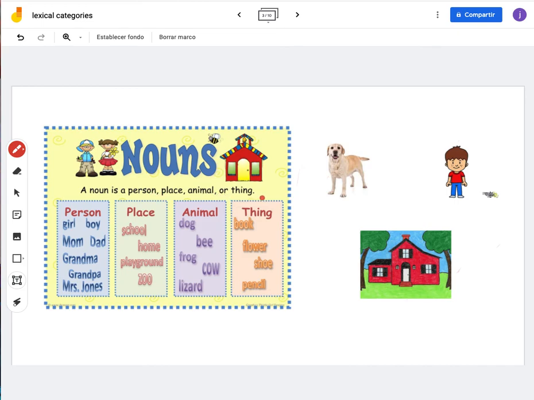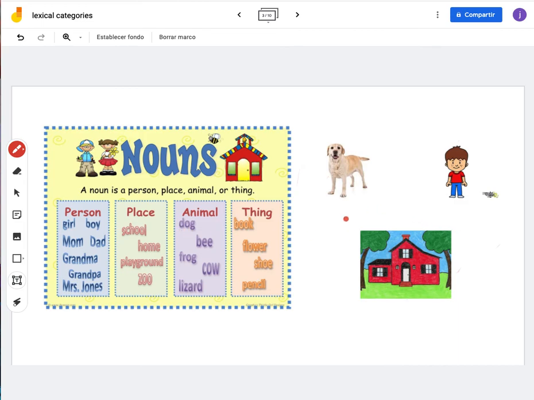Okay, and we are going to start by analyzing these pictures. What is this? It's an animal. And the question is, how do we name this animal? Yes, we name it dog.